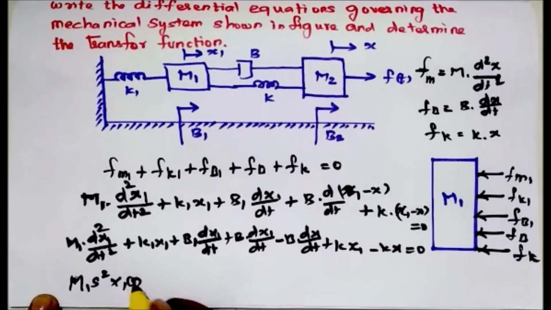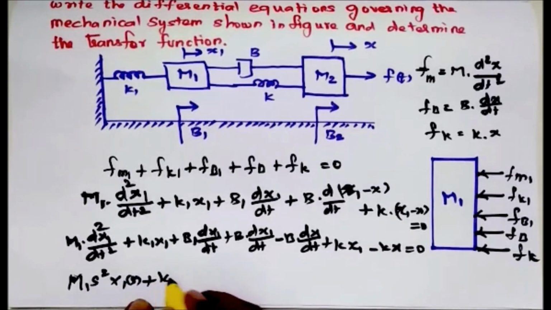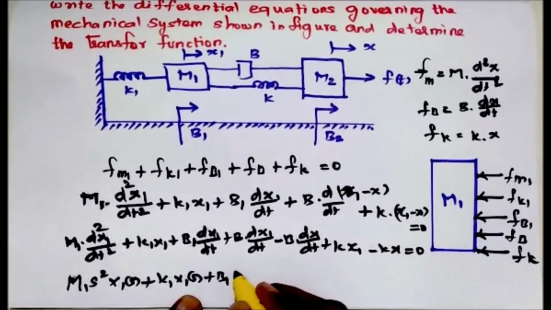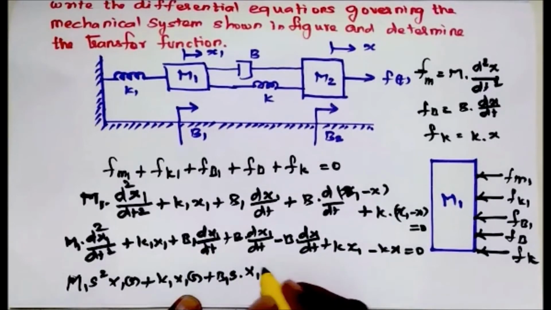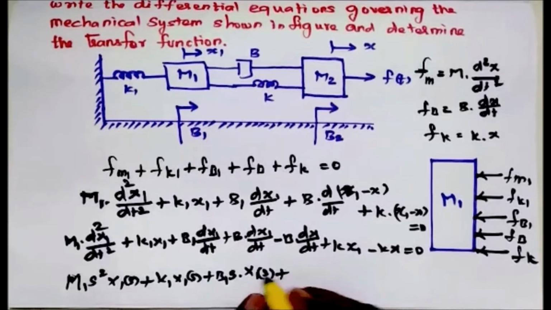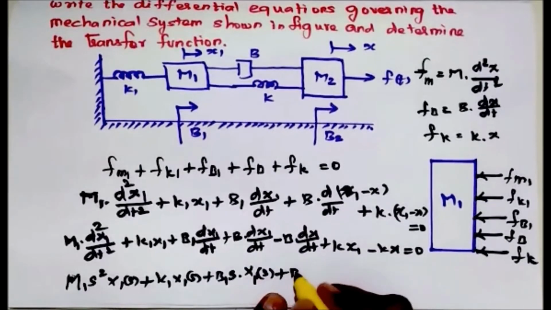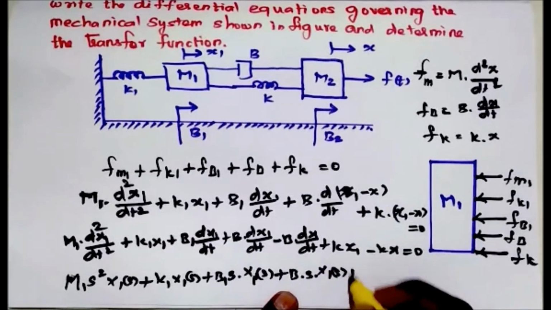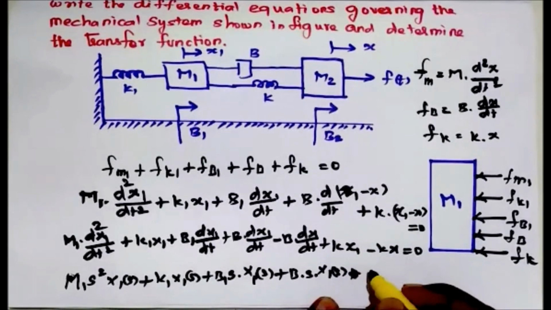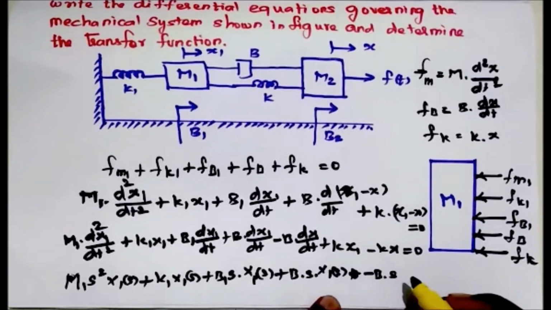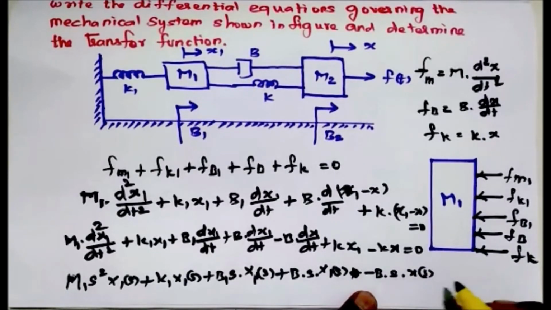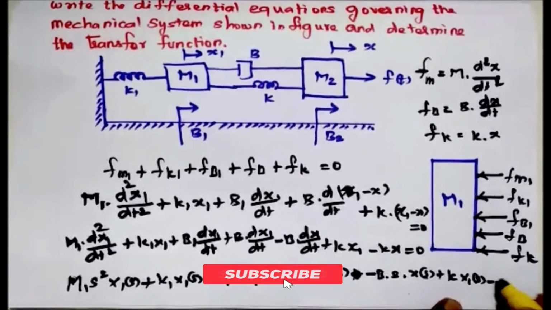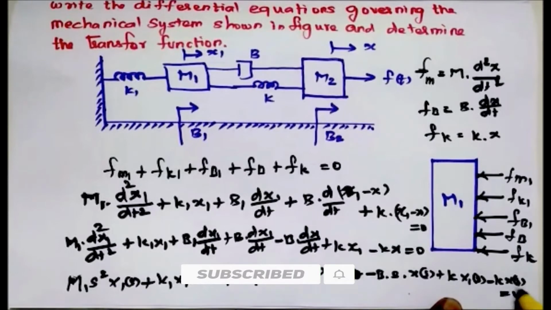So we get m1 s square x1 of s plus k1 into x1 of s plus b1 into s x1 of s plus b into s x1 of s, minus b into s x of s, plus k into x1 of s minus k into x of s equals 0.